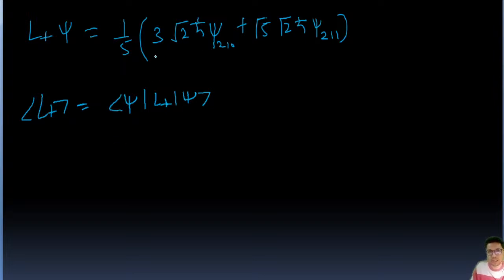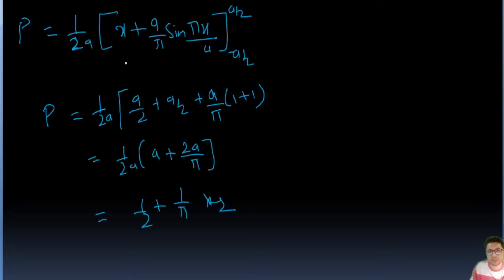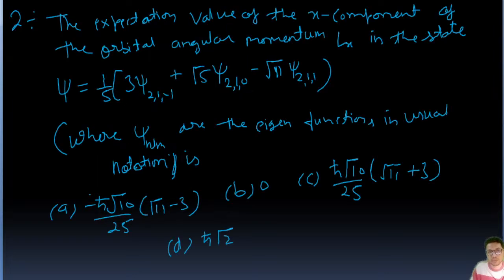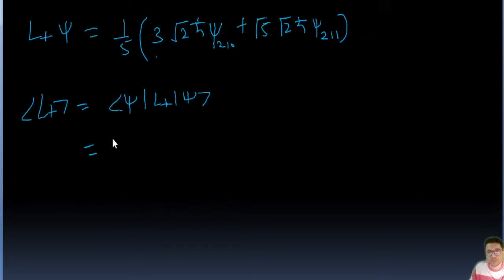And this is psi L plus psi, and this is the psi. So if you operate it, it is going to be 1 upon 25 into 3 root 10 h cut, root 2 h cut.